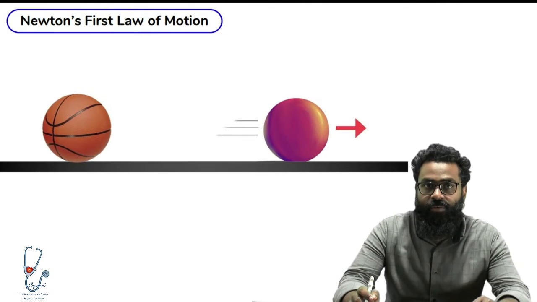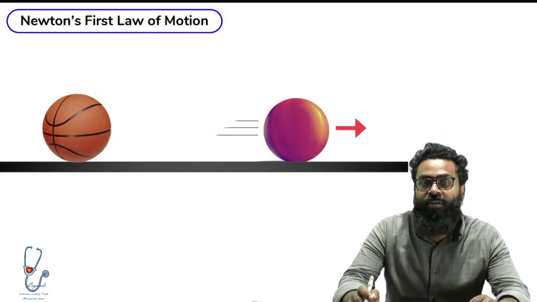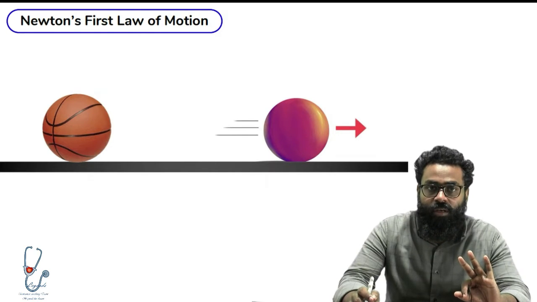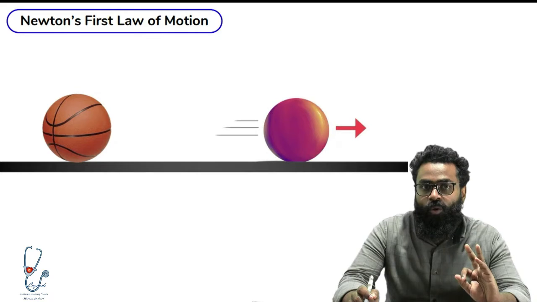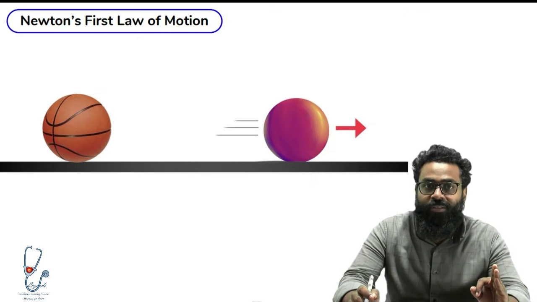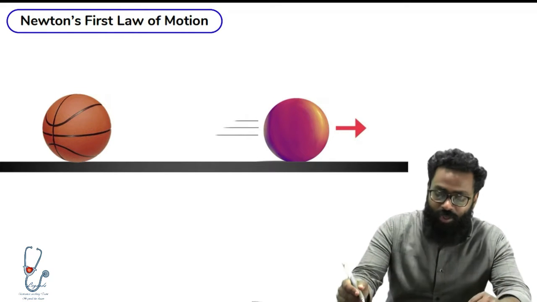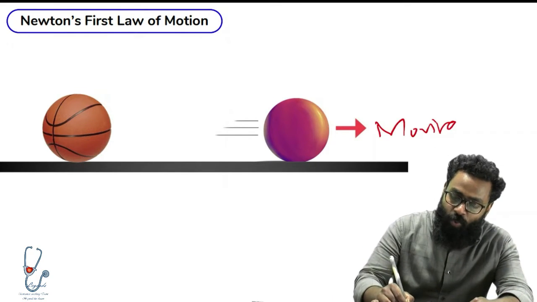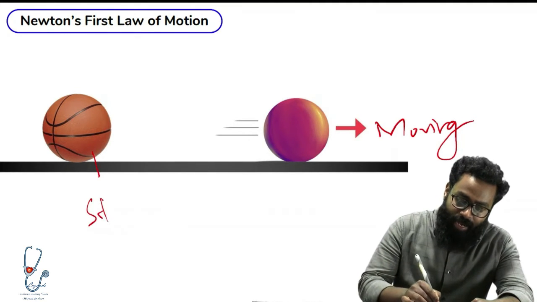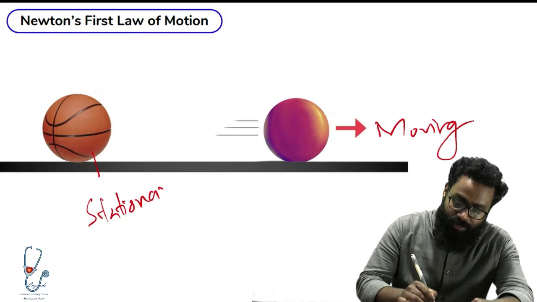So next we are discussing Newton's laws of motion. We are discussing three laws: Newton's first law of motion, Newton's second law of motion, and Newton's third law of motion. In the slide you have to see two balls. You have to assume that one is moving and another one is stationary.